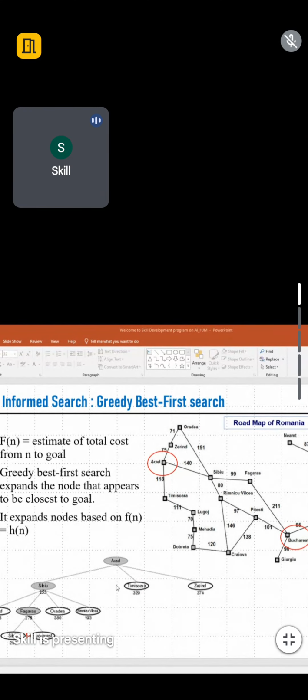You can see from this example. In this way we can use greedy best first search, and it is called an informed search technique, as the h(n) heuristic function is given as the estimated distance to the goal node. Just see the example.